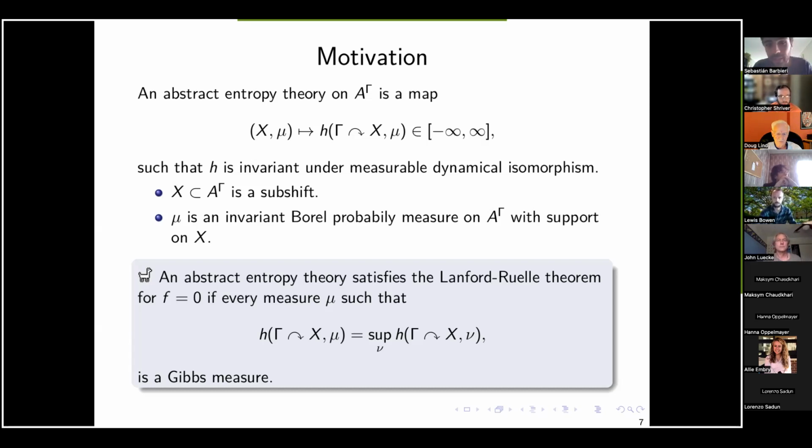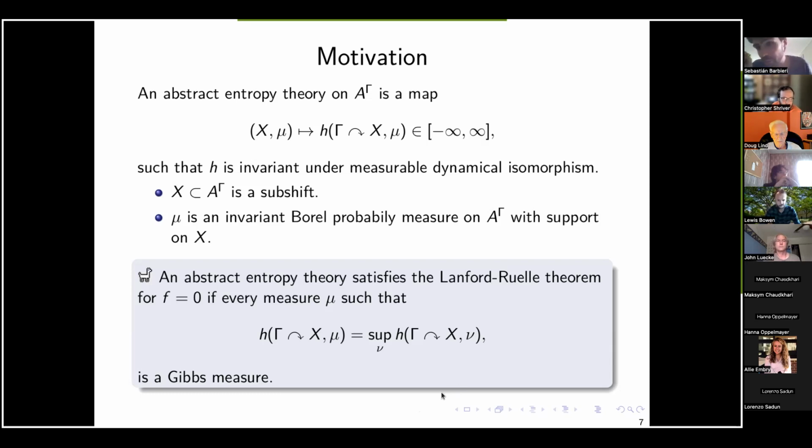Okay? I'm going to say that an abstract entropy theory, such as this, which is very simple, satisfies the Lanford-Ruelle theorem for the trivial function f, if every measure that maximizes the entropy is a Gibbs measure.